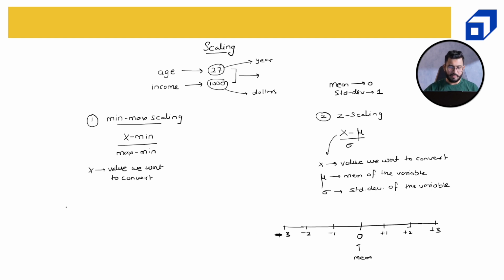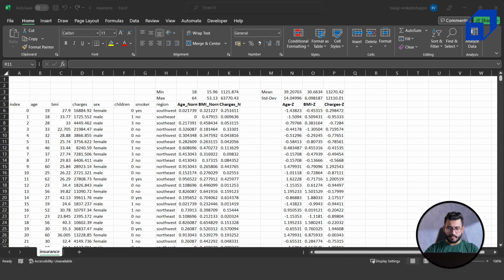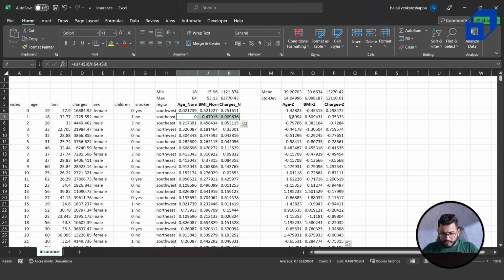For min-max scaling, it was something like this: 0, 1, and middle is 0.5, right? Let's quickly compare it and try to check the Z scale. So here, if I look into this person, is having BMI of 0.5. 0.5 means very close to 0, right? So 0 is the middle, 0.5 is very close to 0.